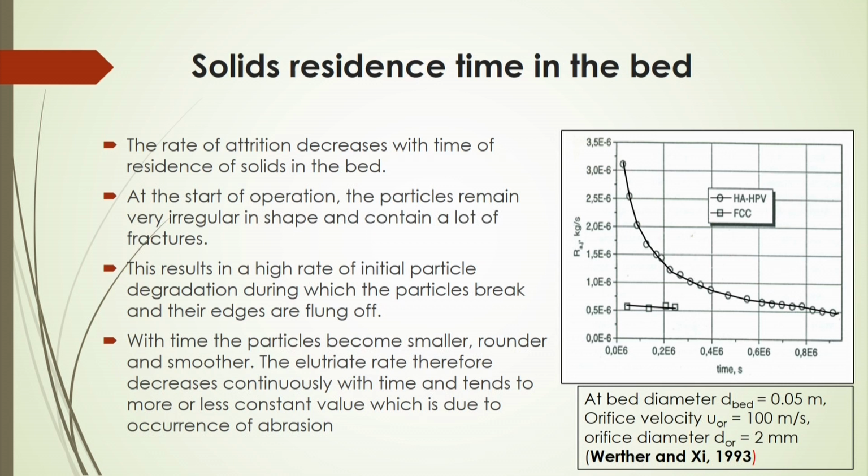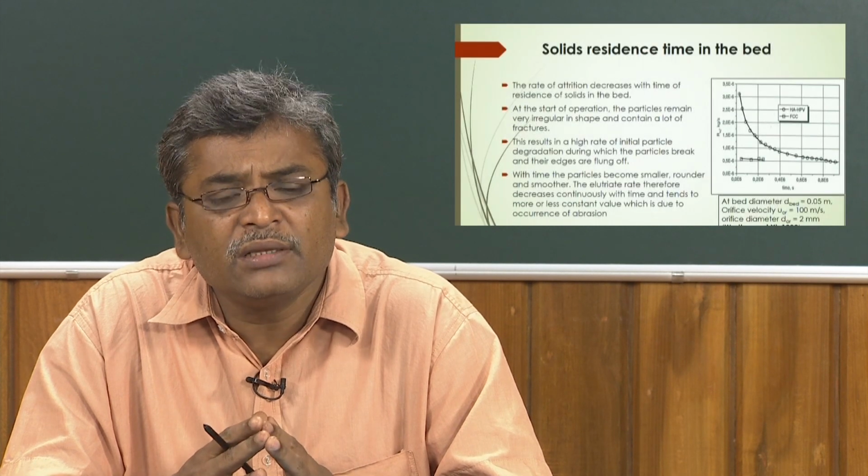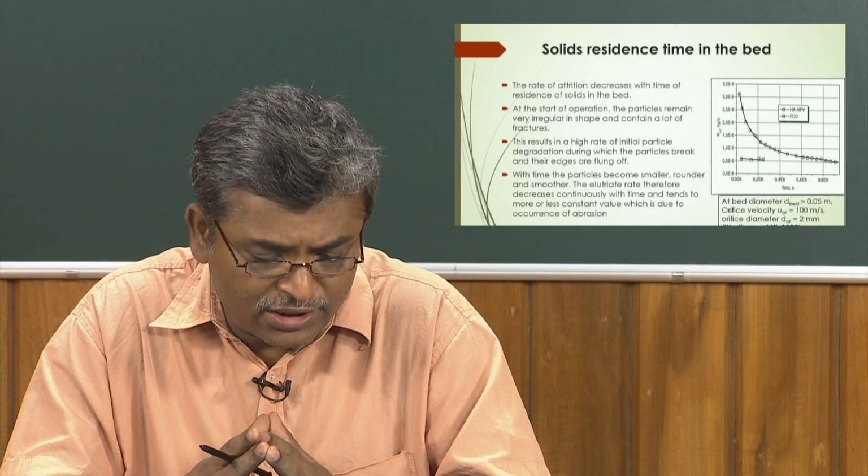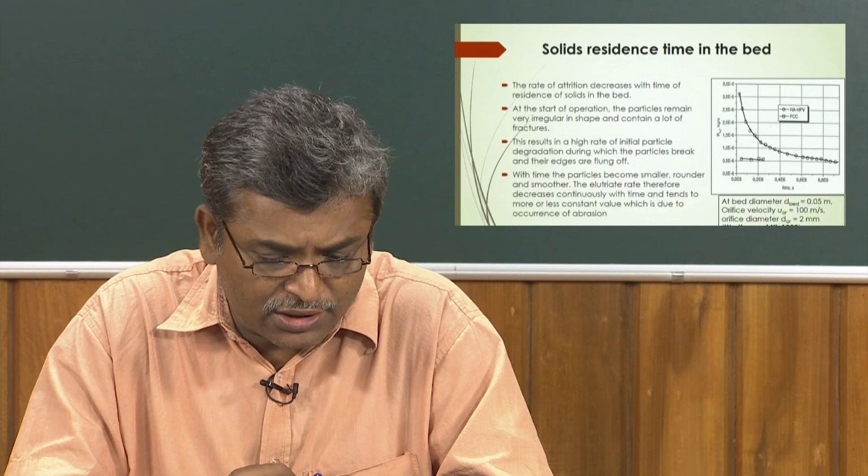It is easy to explain why this attrition rate decreases with respect to time: along with time, finer particles will be forming, and then there will be an abrasion tendency of the attrition rate.